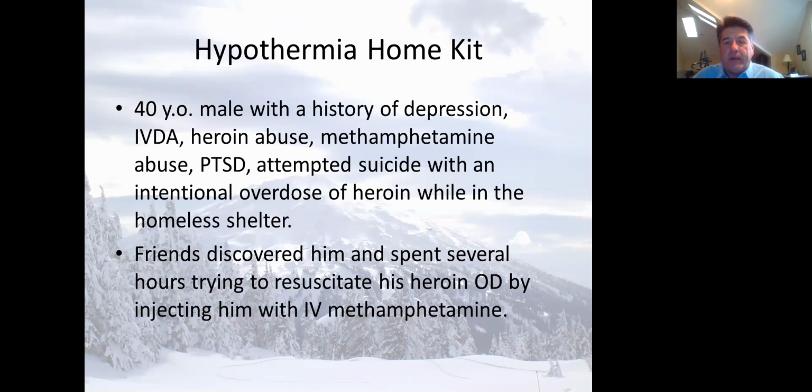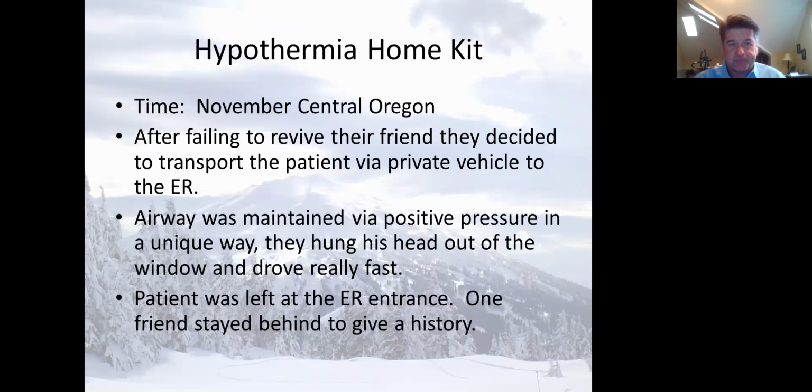The friend didn't know he had intended to overdose, but because of the post-traumatic stress disorder and depression, he had decided to intentionally overdose himself. His friends discovered him and spent quite a few hours trying to revive and resuscitate him from his heroin by injecting him with methamphetamine. Maybe a good idea as far as sympathomimetic effects of methamphetamine, but it certainly did not help him.